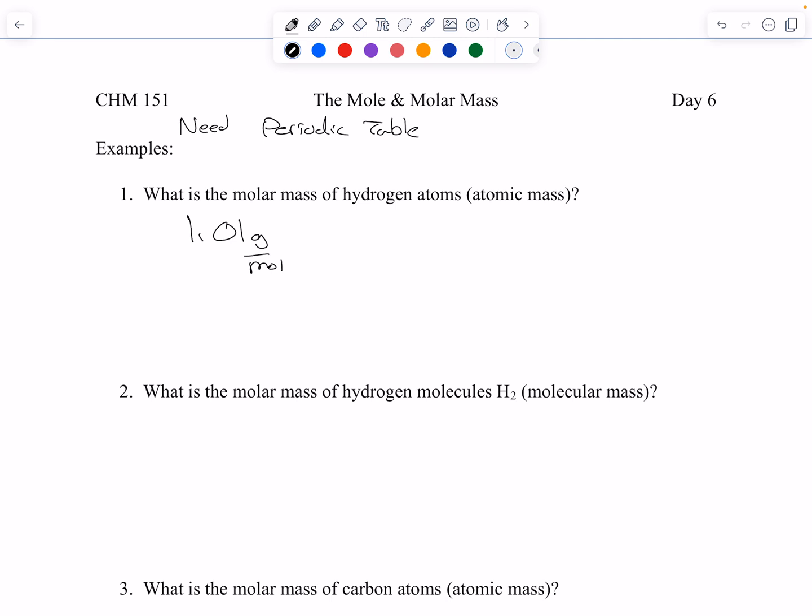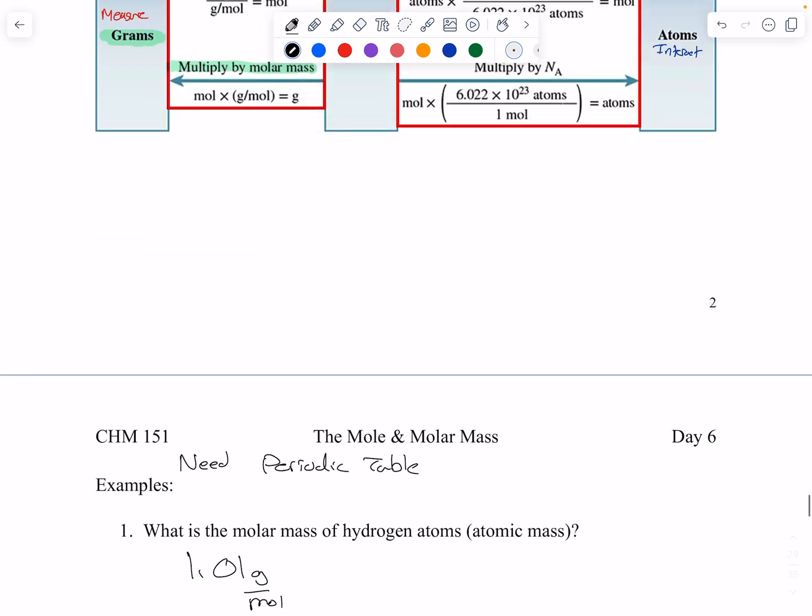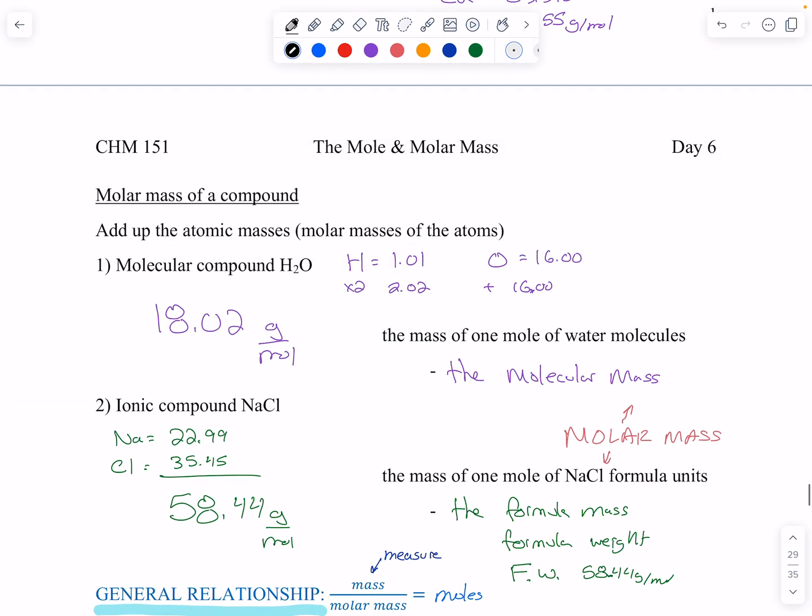There are times if I need 4, so that's 3 sig figs. But I can get away with 3 sig figs because if I'm going to scroll back up to water here, if I add 1.01, 1.01, and 16.00, I get 18.02. That's 4 sig figs because when we add and subtract, I get to keep the sig figs as far as right as possible, so I get to keep the 2 decimal places.